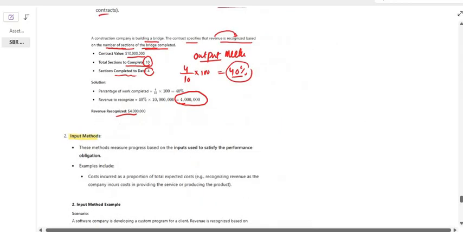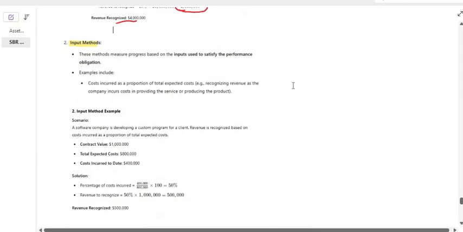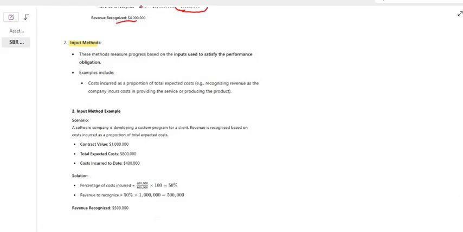Okay, now another method is called input method. This method is based on the input used to satisfy the performance obligation. By input we mean the cost incurred.